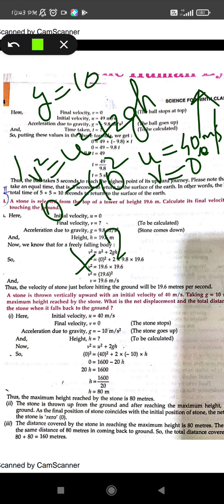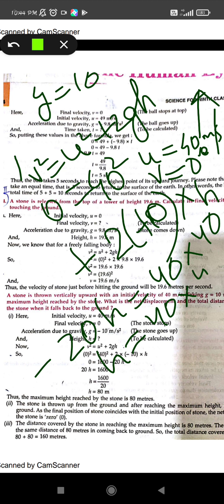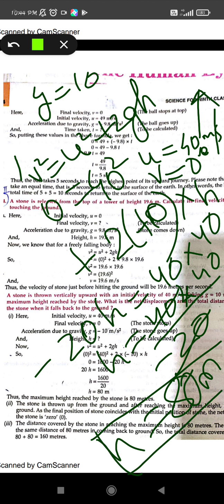Since it is vertically upward, it is against gravity, so it will be minus 10 into h. So minus 20h will go to this side, so 20h = 40 × 40. So h will be 40 × 40 upon 20. 20 will be cancelled, so 40 × 2 will be 80 meter. So h = 80 meter.